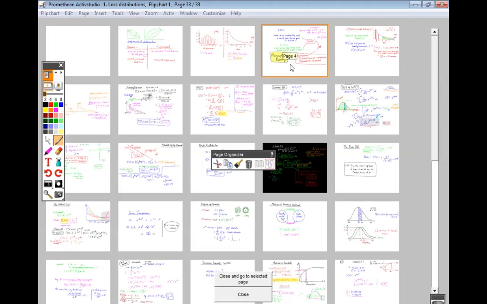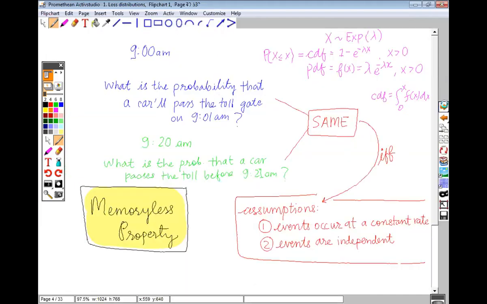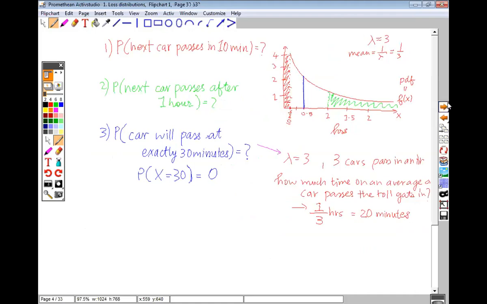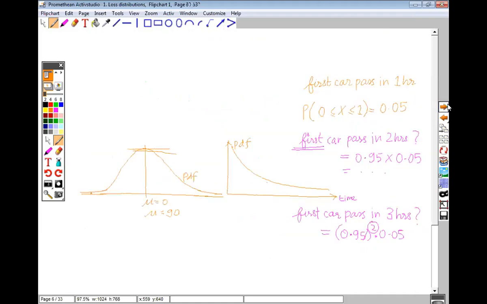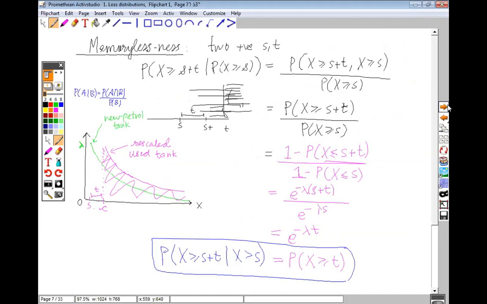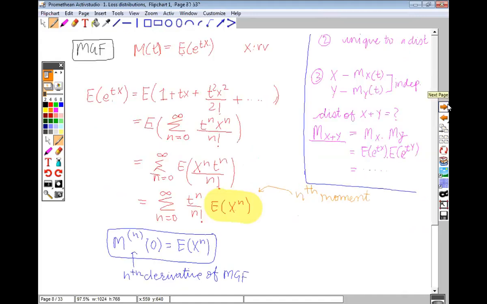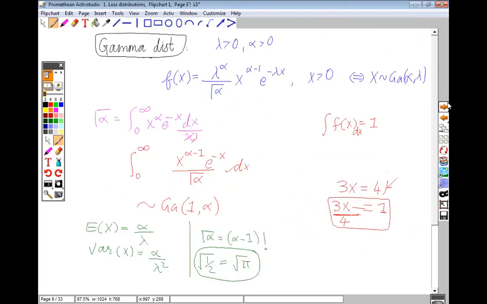Then we had a look at the gamma distribution again and studied the importance of the gamma function.